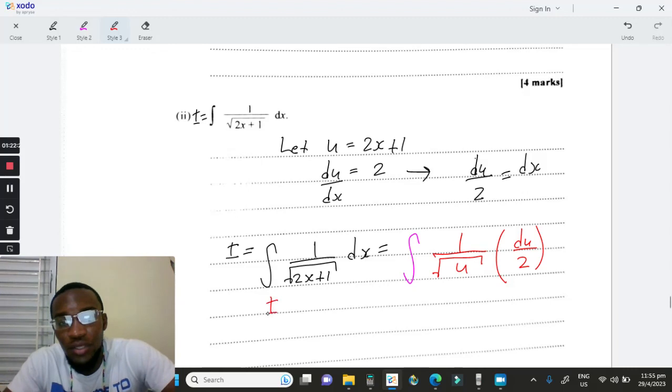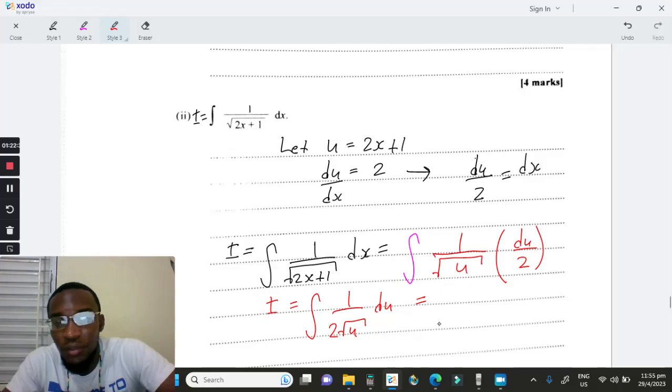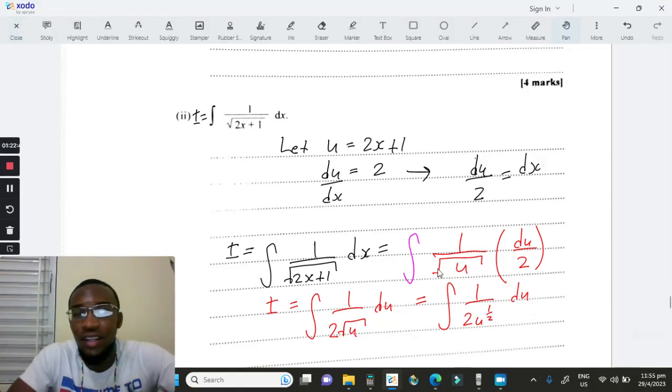So we're integrating 1 over 2 times the square root of u du. Rewrite this as 1 over 2 times u to the half, du.